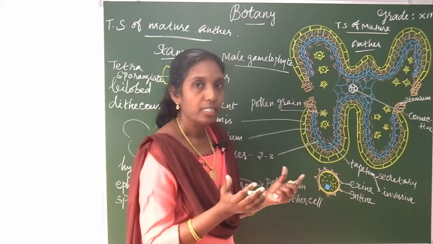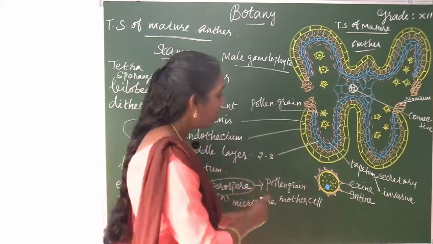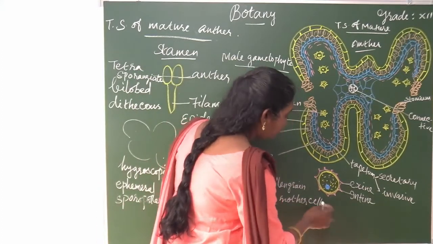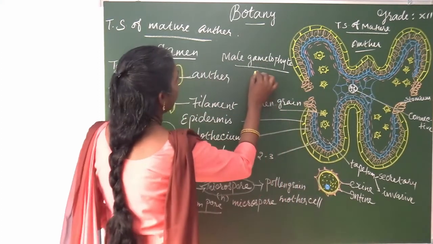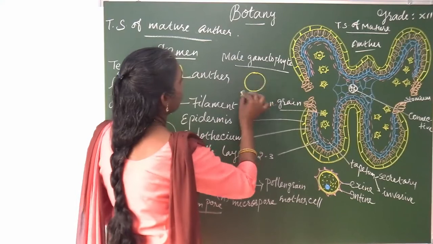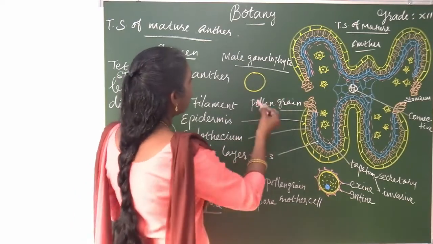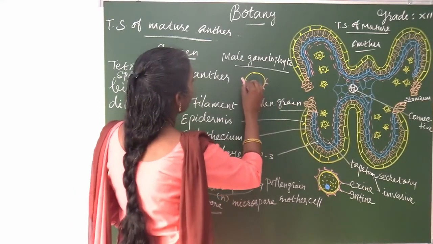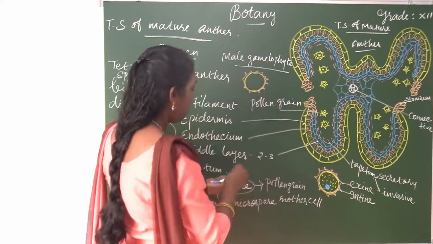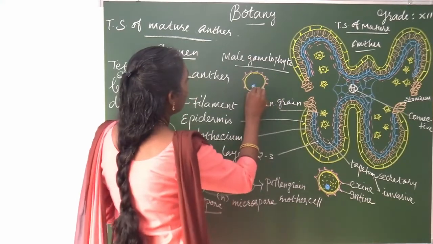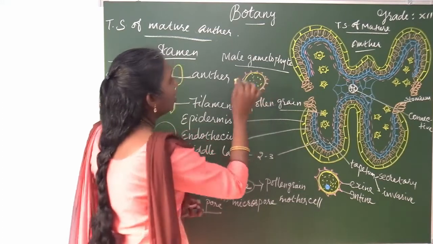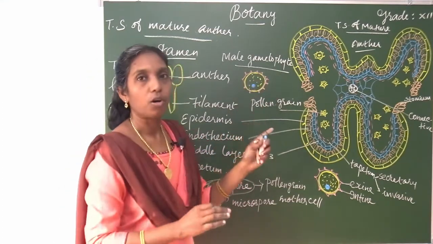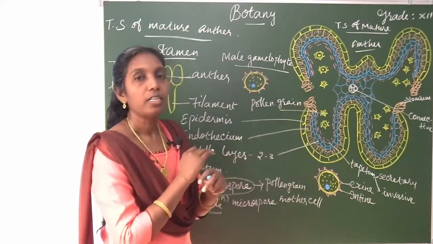When it divides, the cell divides into two. This is the exine, the outermost layer, and the intine, this is the nucleus and the dense cytoplasm. This nucleus of this pollen grain divides.